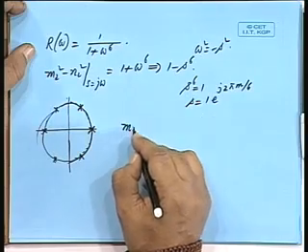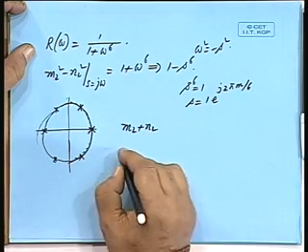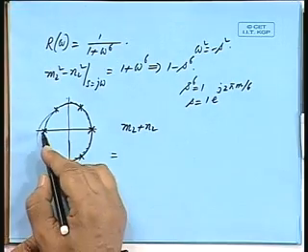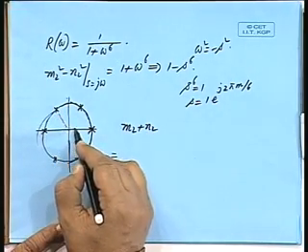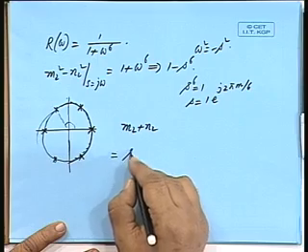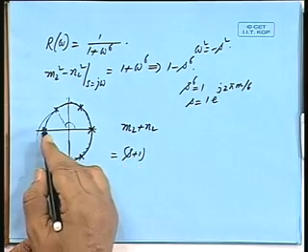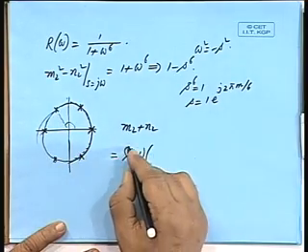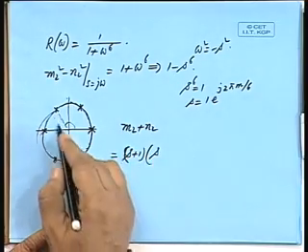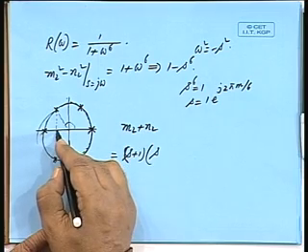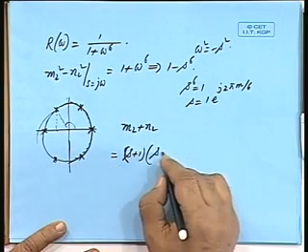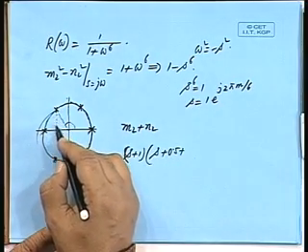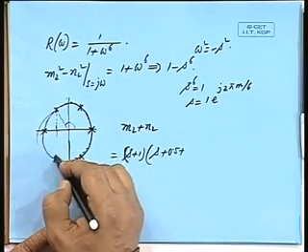So m2 plus n2 straight away you can write. This is 1, this is 120 degrees. The factor corresponding to this is s plus 1, and the factors corresponding to the others will be s plus 0.5, this is minus 0.5, cos 60, plus j 0.866 and minus j 0.866.